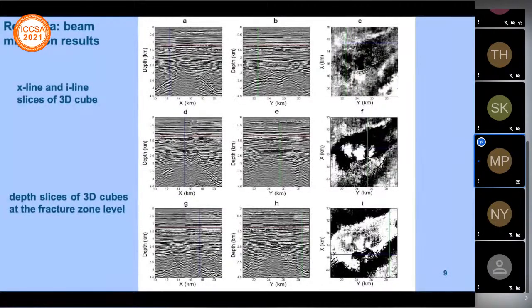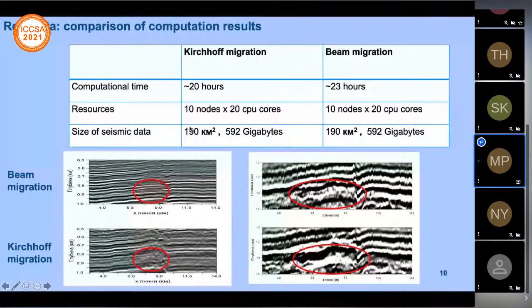So you see the layers, and there are subsurface layers, and on the right side one can observe the fault. And finally, the results of the comparison.